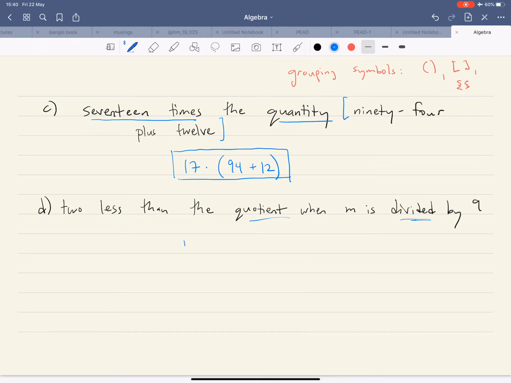So m divided by 9, that quotient is going to be m over 9. Okay? And then I'm going to take 2 less than that. So I'm just going to take my quotient, m over 9, minus 2 to get 2 less than the quotient when m is divided by 9.